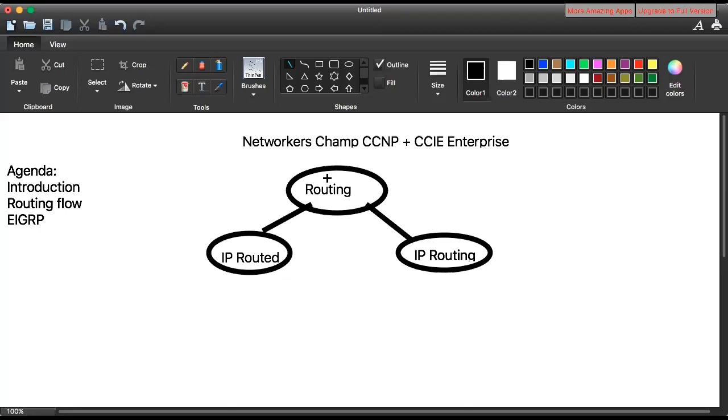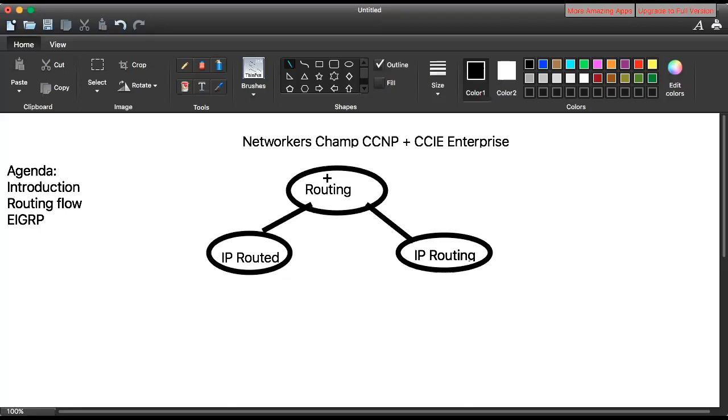IP routed is something fixed every time, either IPv4 or IPv6, meaning the data is transported using either an IPv4 address or an IPv6 address. That completely depends on what you use in your environment.